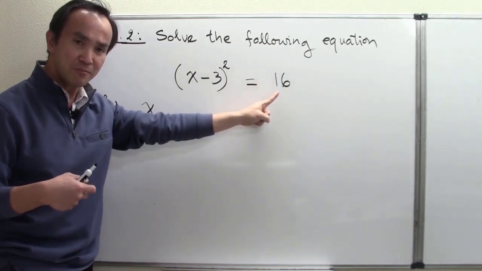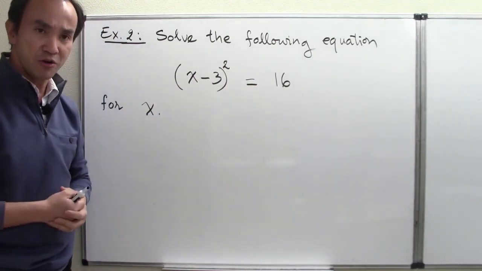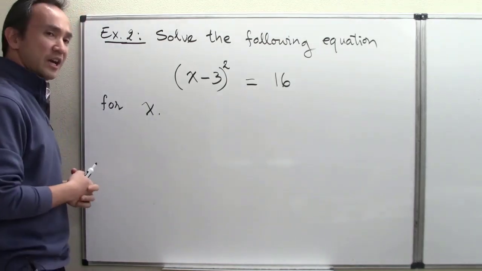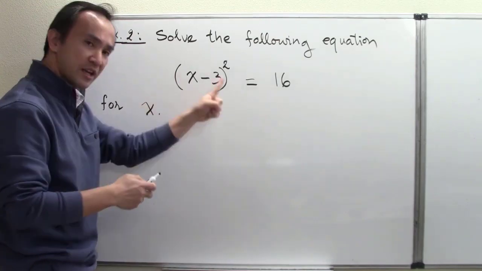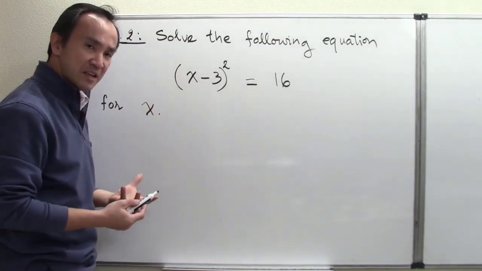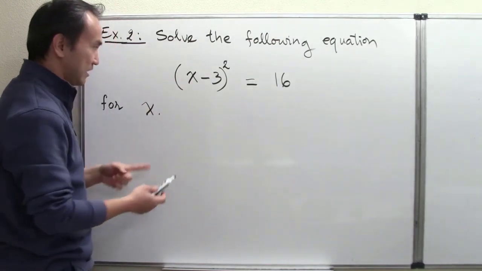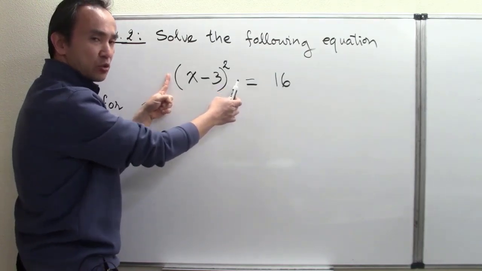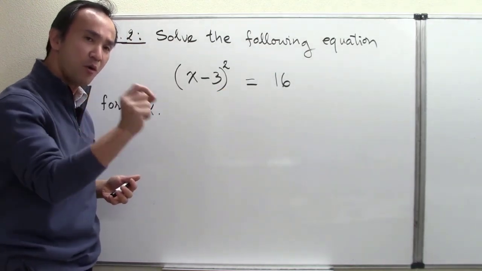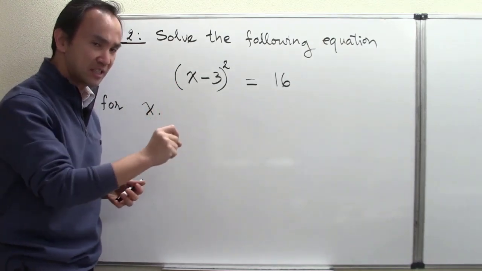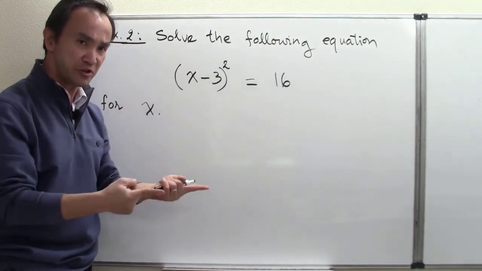No matter how fancy it looks, the major understanding here is that we're having a perfect square. The emphasis of the square root property is that it's not always just an x squared, but it can be an expression being squared.